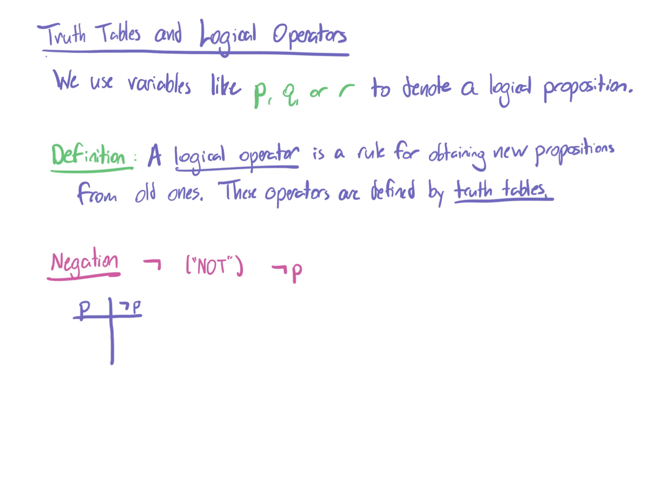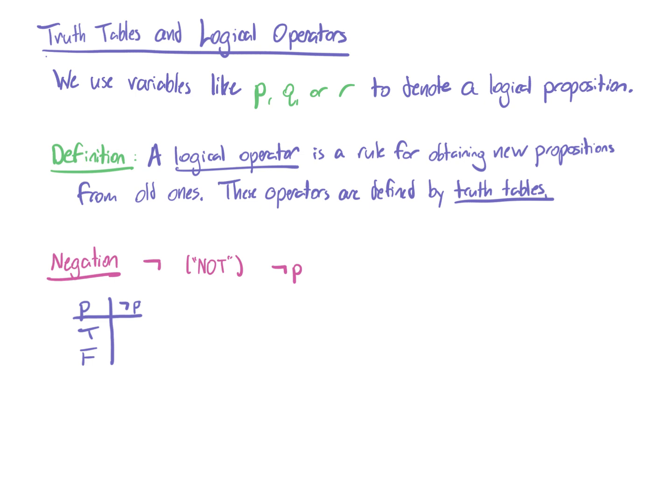In the column for p, I'm going to put in all possible truth values that p could have. And since I have one proposition, and a logical proposition is either true or false, I only have two possibilities here. I can have a t, and I can have an f. Now, when I compute not p, well, the negation operator flips the truth values of the inputs.